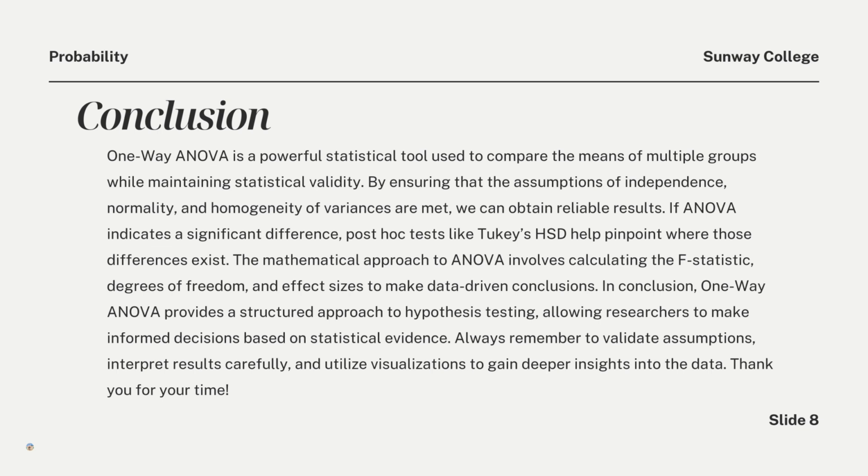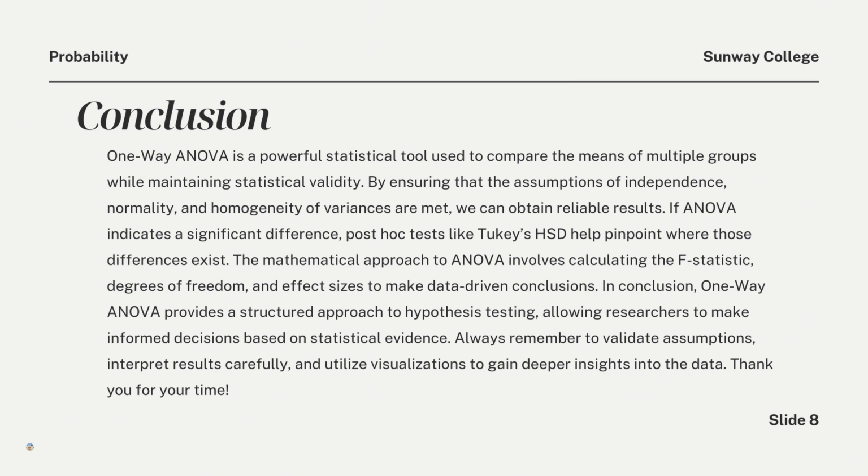To conclude, one-way ANOVA is a powerful and widely used statistical tool for comparing the means of multiple groups. By ensuring the assumptions of normality, independence, and homogeneity of variances are met, we can confidently interpret the results.